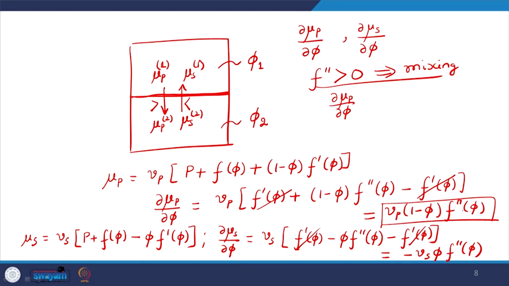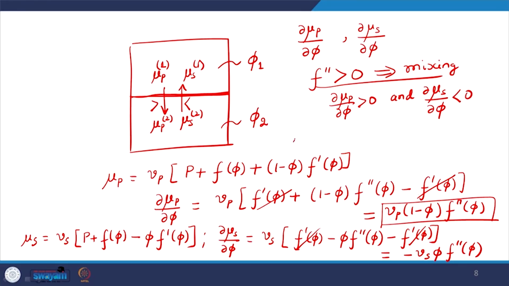So, if F double prime is positive, then ∂mu p/∂phi is also positive, and ∂mu s/∂phi is going to be negative because we had a negative sign.